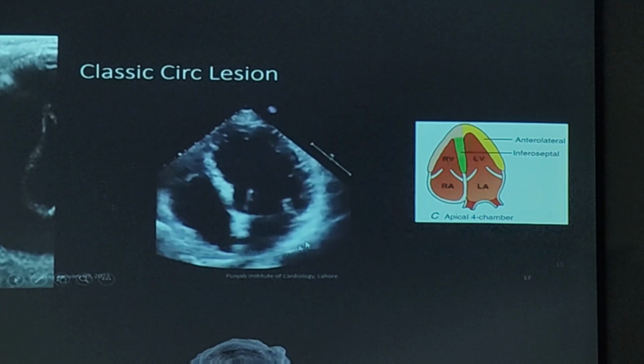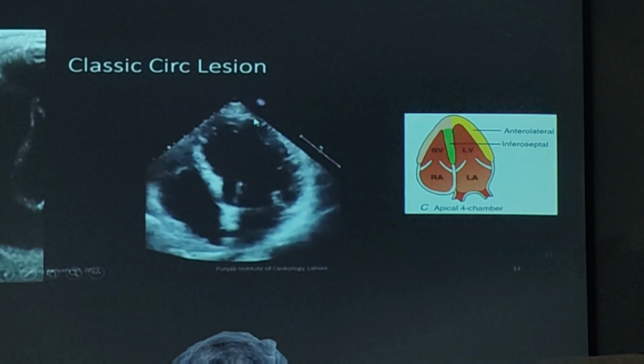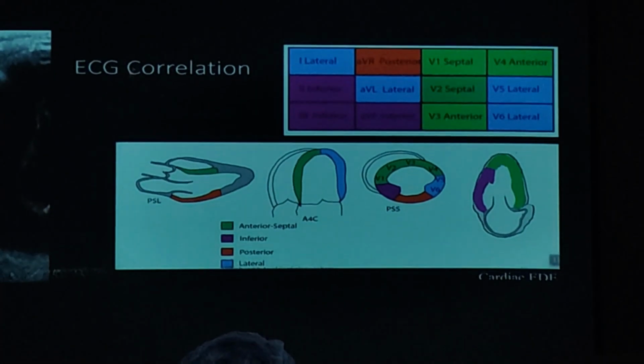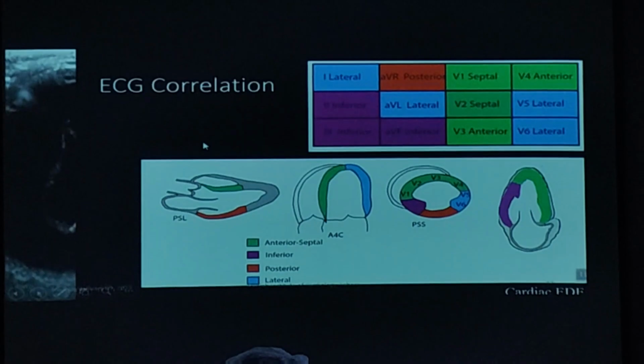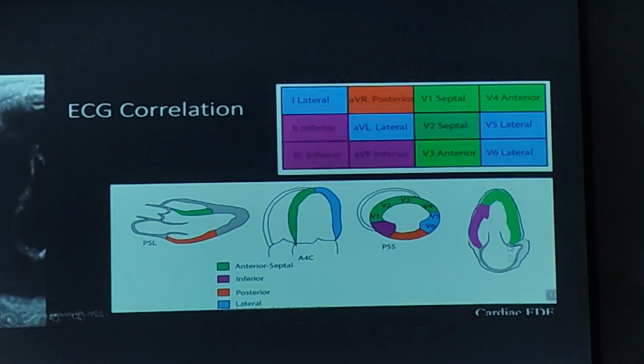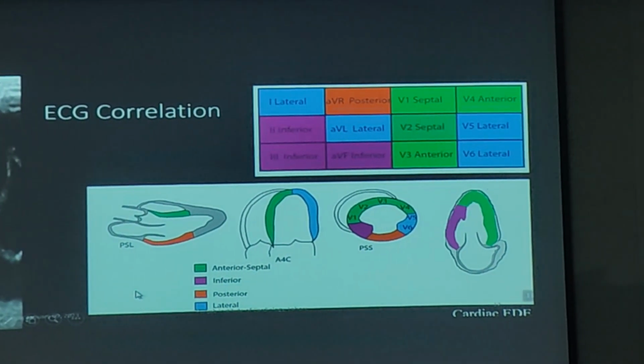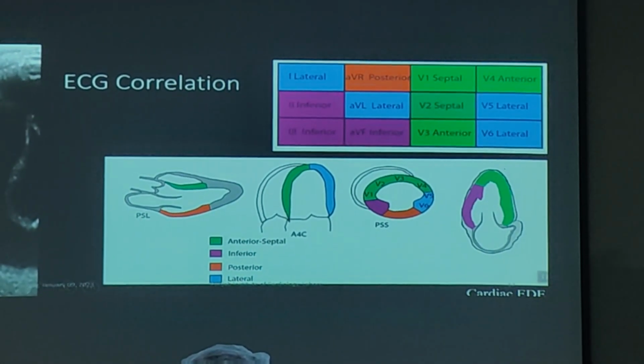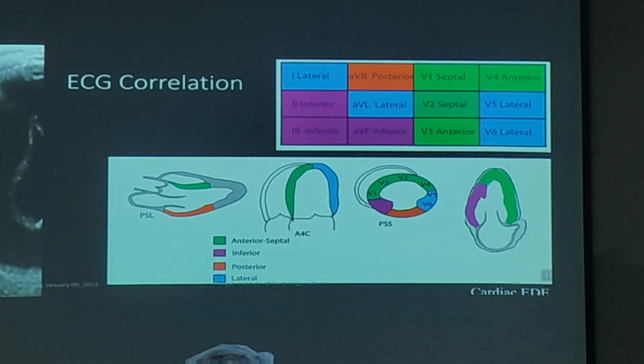And in the apical four-chamber view, you can see this region will not be moving. And of course, then we have to give the correlation with the ECG findings, and do not forget your differentials, which I have mentioned earlier.